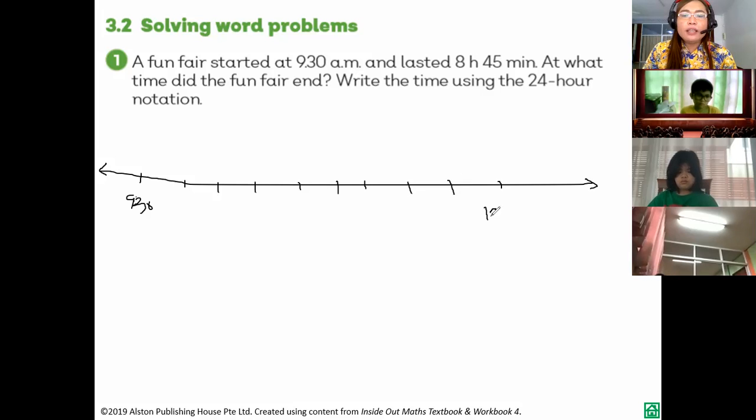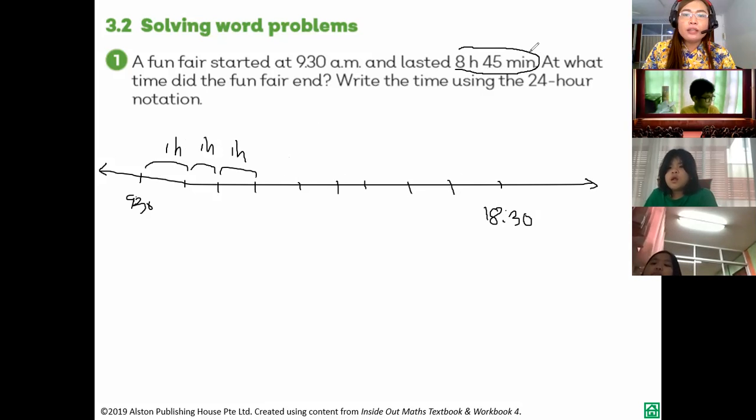So this one is 18:30. All right, so from here, 1 hour, and then from here, another 1 hour, and from here, another 1 hour. Remember that we have to show 8 hours and 45 minutes.